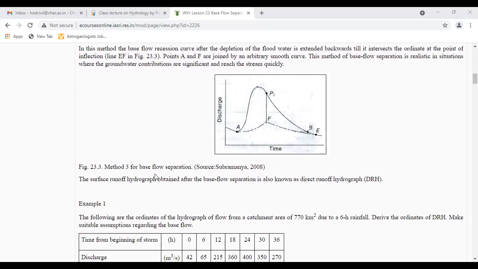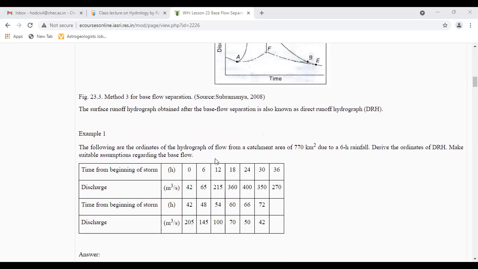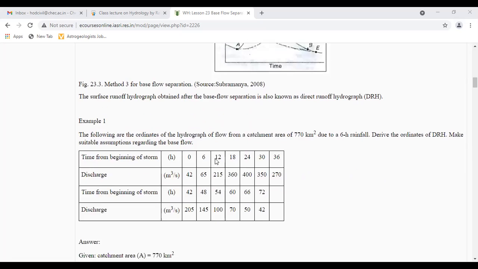The surface runoff hydrograph obtained after the base flow separation is also known as the direct runoff hydrograph, DRH.